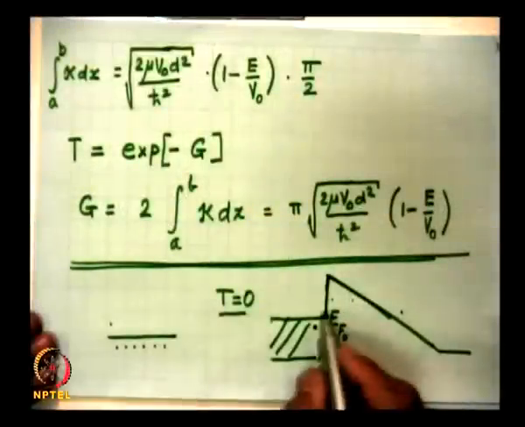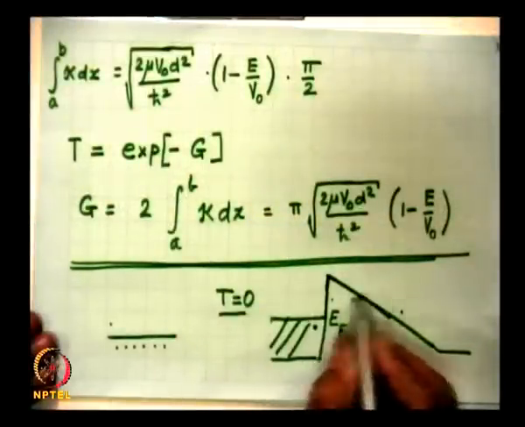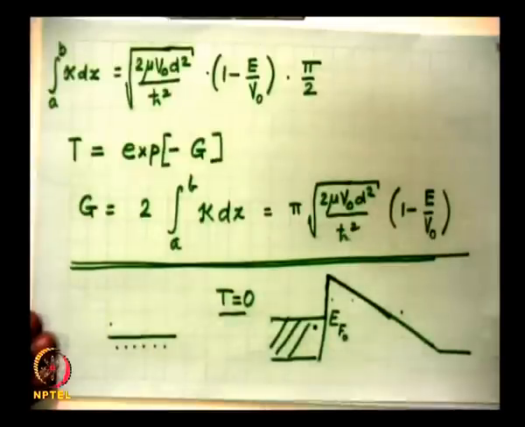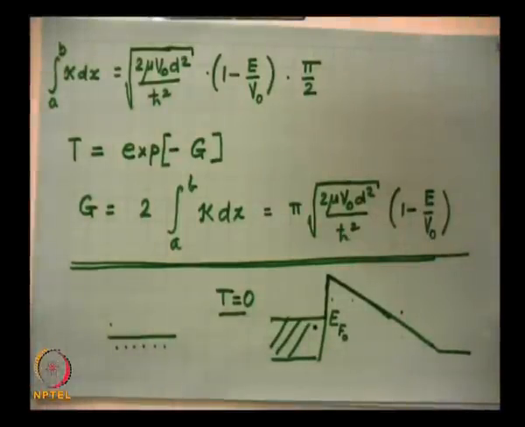But quantum mechanically it is possible for the particle to tunnel through, and so if you have a metal surface and you put an electric field, then even at very low temperatures, where all the electrons are below the Fermi level, there is a certain probability that the electrons will tunnel out.